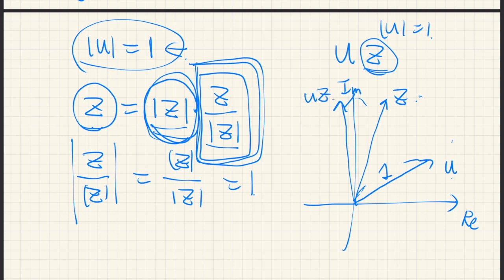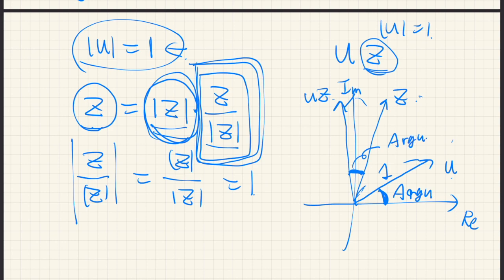And that means, let's say this angle, the argument of u, is this, then this angle here is the same as the argument of u.